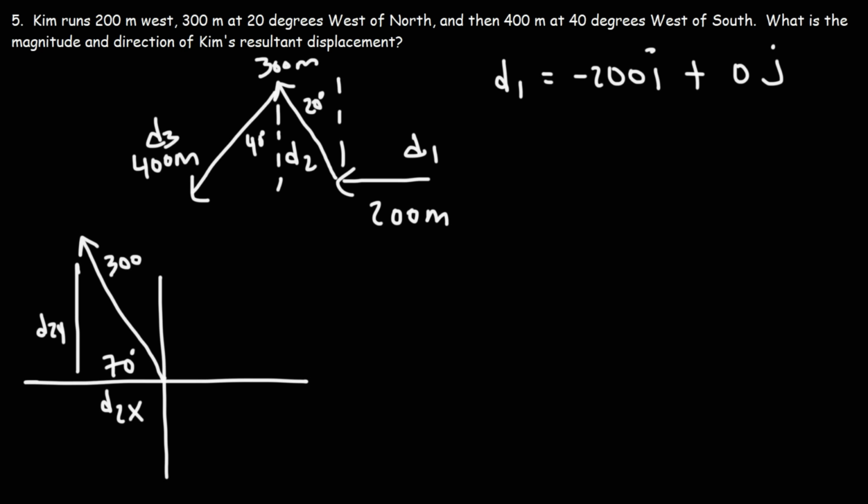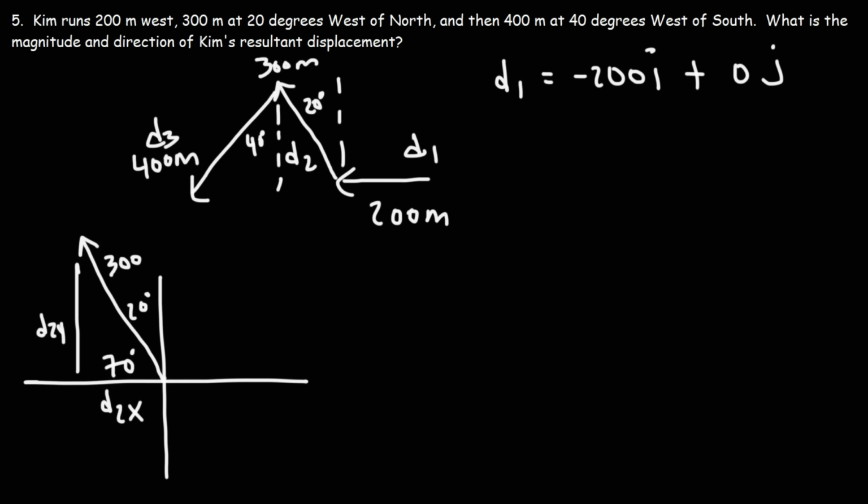Now, when using the sine and cosine functions to get the x and y components, you need to make sure you pick the right angle, because the formula changes depending on which angle you use. So if you look at these two angles, the 20-degree angle and the 70-degree angle, which one do you want to use? The 20-degree angle is between the vector and the y-axis. The 70-degree angle is between the vector and the x-axis.